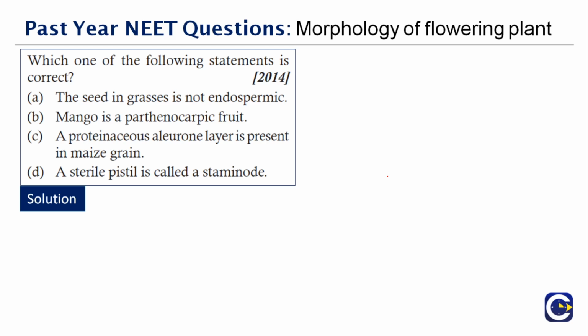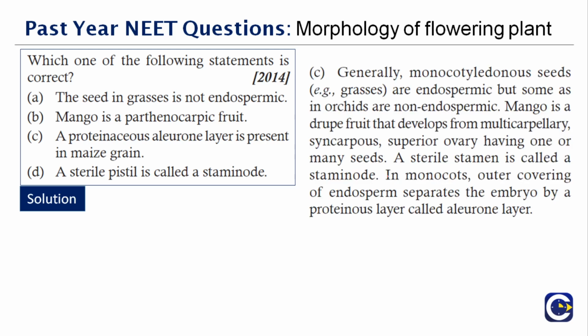In monocots, the outer covering of the endosperm separates the embryo by a proteinaceous layer which is called the aleurone layer. So the right answer is option C. It is a sterile stamen which is called a staminode, and in monocots, the outer covering of the endosperm separates the embryo by a proteinaceous layer called the aleurone layer. Okay, fine. Next question here.